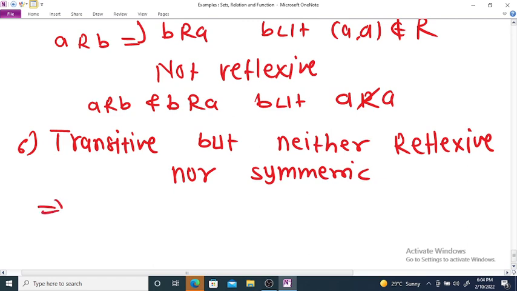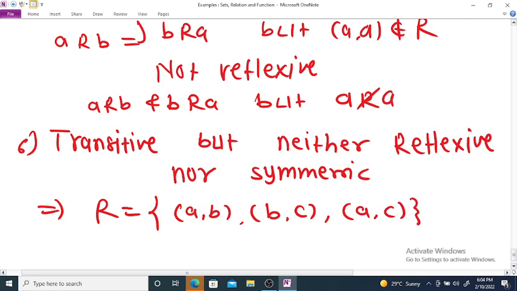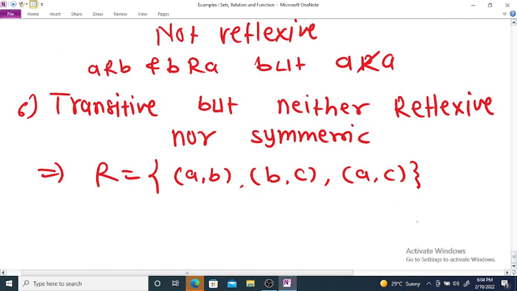So the given relation R is equal to, consider set R, AB, BC and AC. Now you can check here, A related to B, B related to C, and then A also related to C. Again B related to C, but there is no C related to A. So you can check here, this relation is transitive.